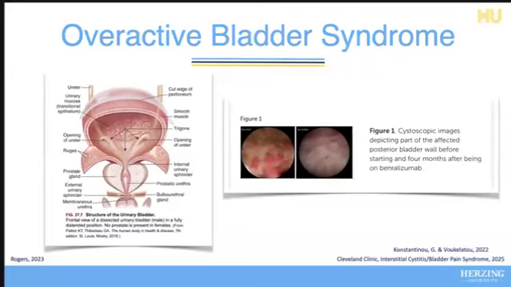This can happen without any underlying infection or other identifiable cause. So in OAB, remember that the detrusor muscle contracts spontaneously and involuntarily during the storage phase, even when the bladder is not full. This results in that sudden, strong urge to urinate and difficulty in delaying urination.